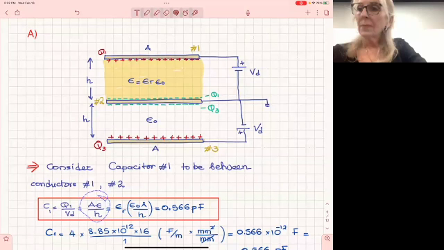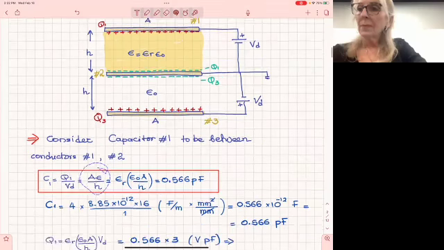Higher or lower? No. Higher. Okay, higher, lower here. So the capacitance here we can calculate, and from the capacitance and VD, we can find Q3.